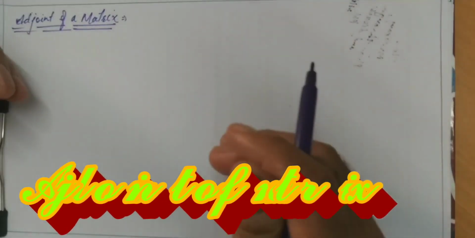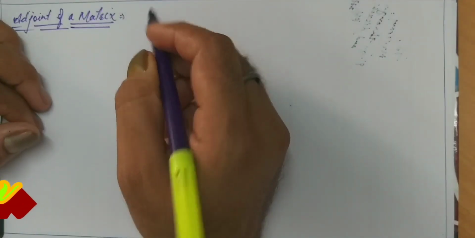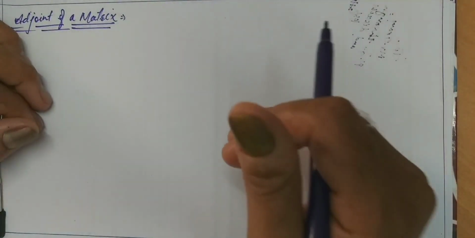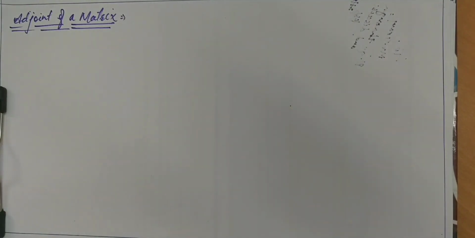That means we will take all the cofactors of the main given determinant and then take its transpose. That is called adjoint of a matrix. Adjoint of a matrix is itself a matrix, but after putting all the values of cofactors and transposing it.